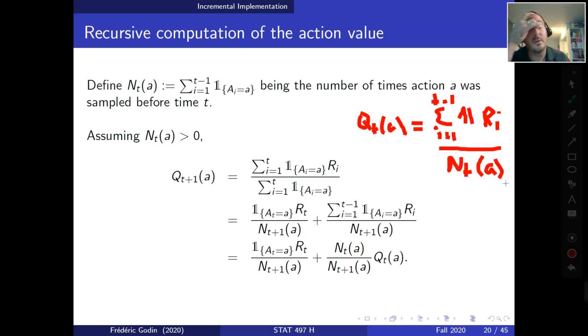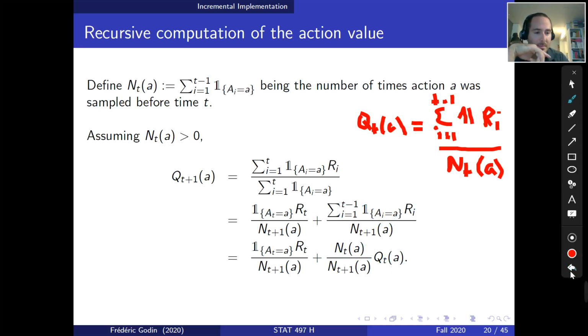So what we can do here, we can take this N_t(a) and throw it on the other side. So we obtain that the sum of indicators times reward up until time t minus 1 is equal to N_t(a) times Q_t(a). So this comes from the definition of Q_t(a).